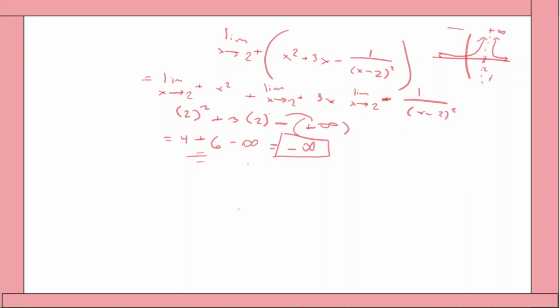Now, the last thing I want to do is one that's a little bit interesting, because I want to do something like a log function. So let's say we had the limit as x approaches 3 of the ln, which is, remember, log base e, of x minus 3. Is this a normal function I can plug something into, or is this an infinite function?